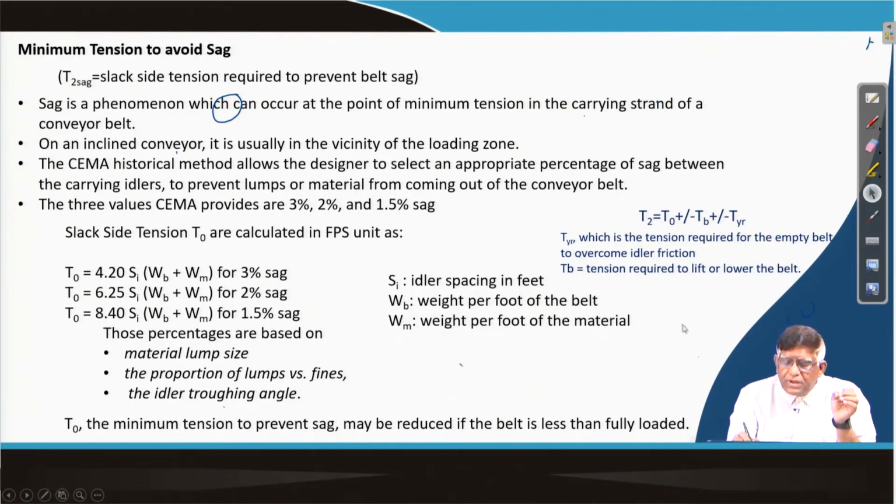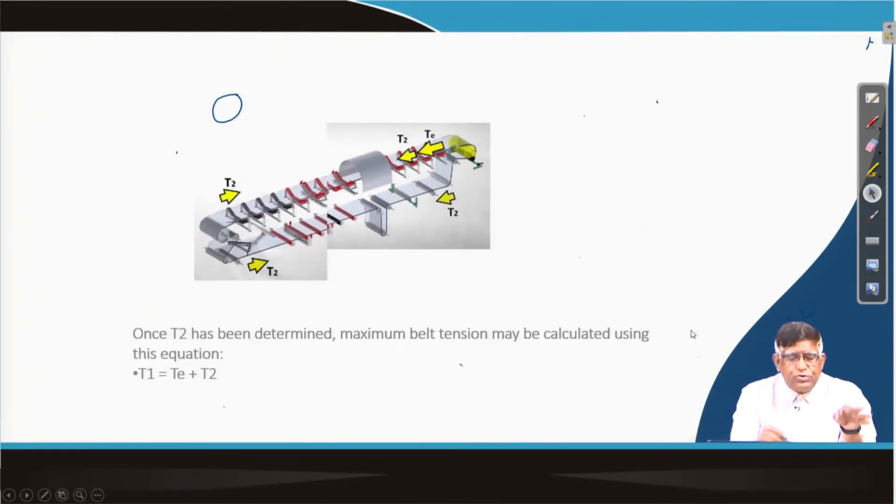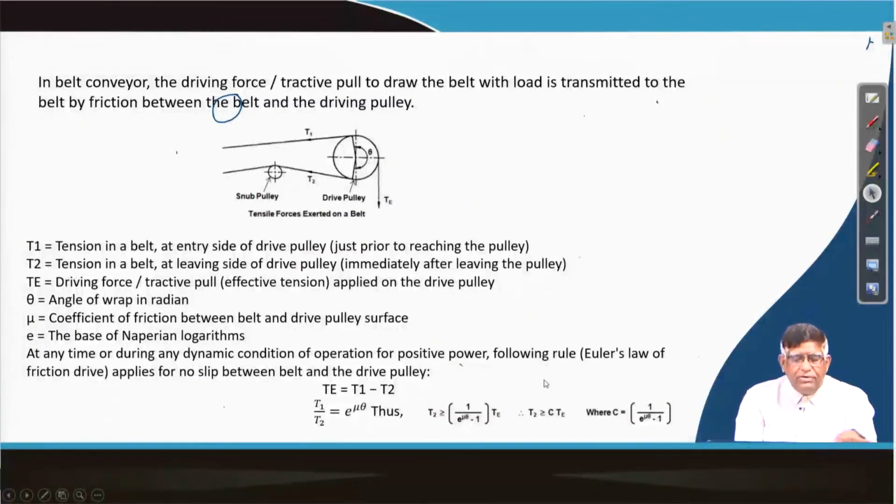Once you find this T2, the slack side tension, you get the total effective tension, which will be distributed over there. From here you can find what I was telling you about: T1 by T2 equal to e to the power mu theta.